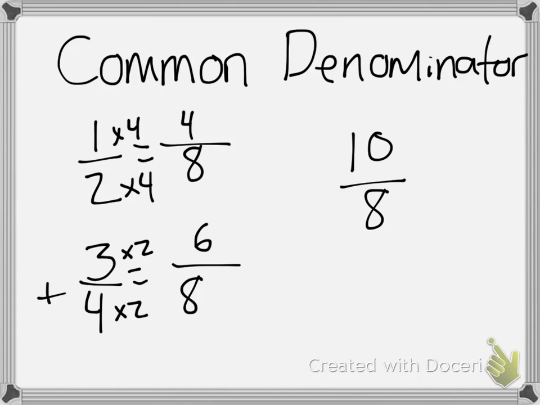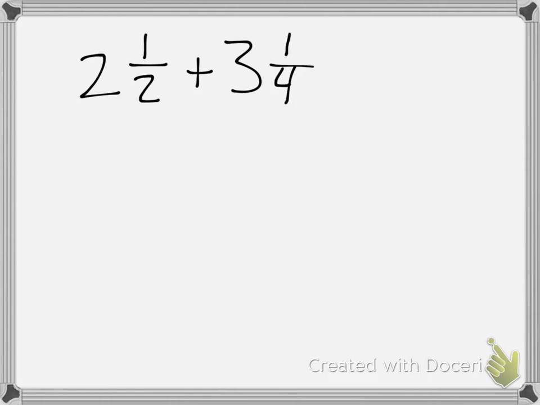So let's look at how this plays out with a mixed number problem. Let's have the mixed number 2 1/2 plus 3 1/4. Same steps as adding fractions. You're going to line it up vertically, 2 1/2 plus 3 1/4.